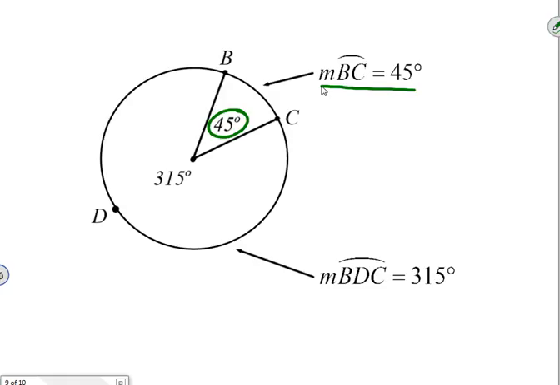Then we have major arc BDC. That's everything else here, right? And it has a measure of 315 degrees because, of course, if we take 360 minus the 45 degree central angle, we end up with 315 degrees. And that is the reflex measure of 45 degrees.